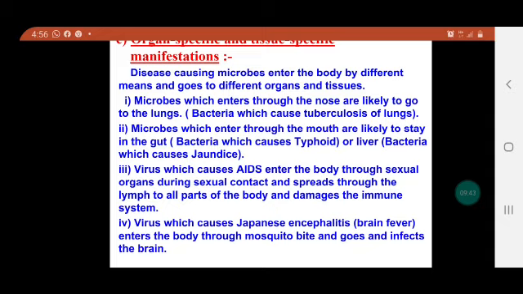So this patient will show more general effects than organ specific or tissue specific symptoms.